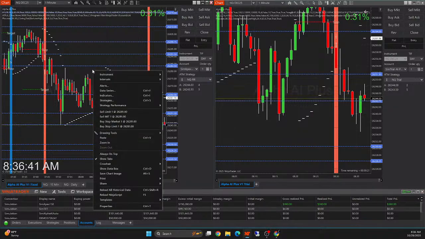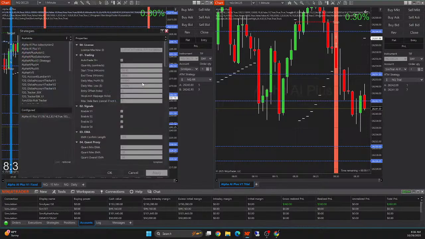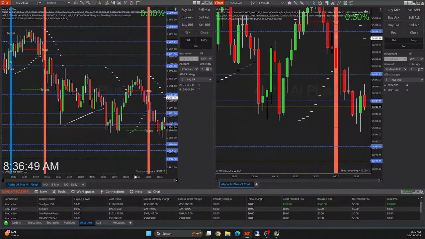It will not trade anymore because it's 8:36 now, and it should stop trading at, no, we still have time, 8:45. We still have 9 minutes. If we have any signals, it will take them.